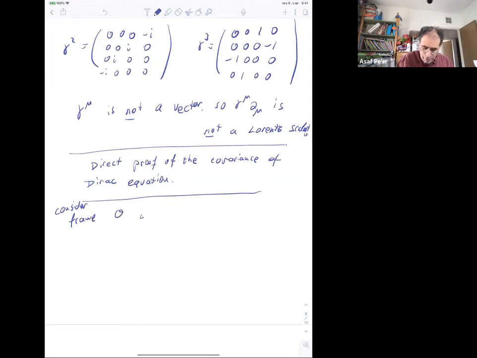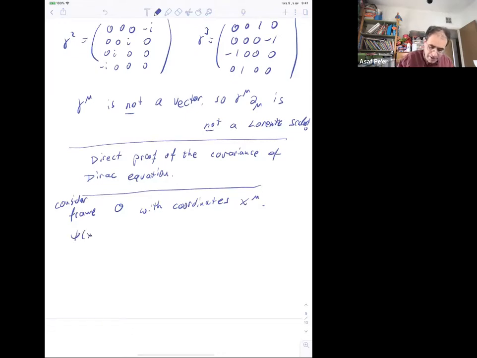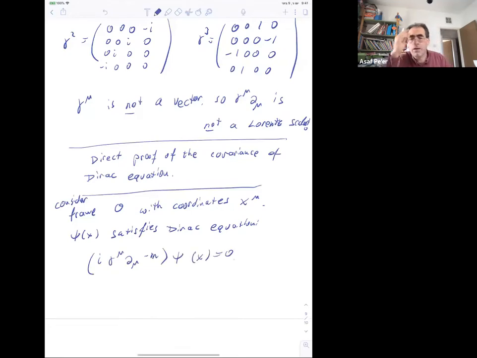In this frame O, psi of x satisfies the Dirac equation, so I gamma mu d mu minus m, psi of x, is equal to 0.